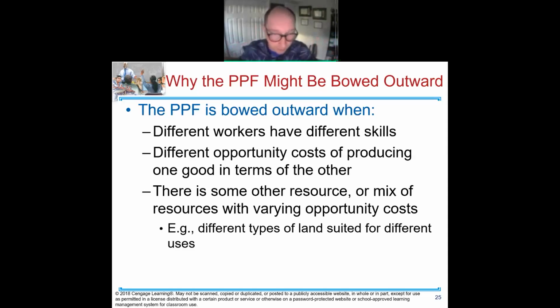So the workers, of course, are going to be different for manufacturing very different products. So that's going to represent a problem. There's different opportunity costs for manufacturing very different products, and a lot of it has to do with the difference in resources, the mix of resources that vary the opportunity cost.